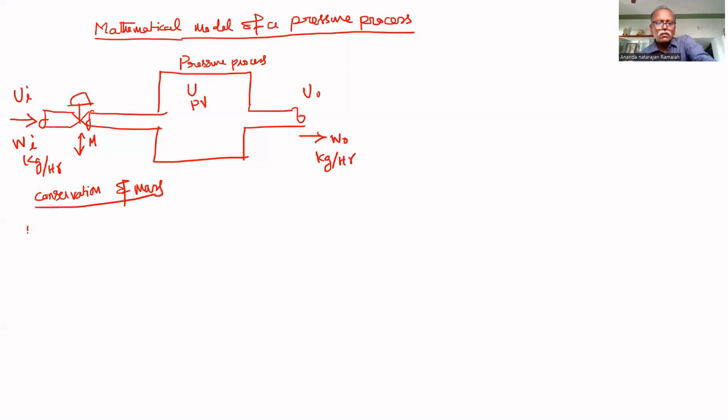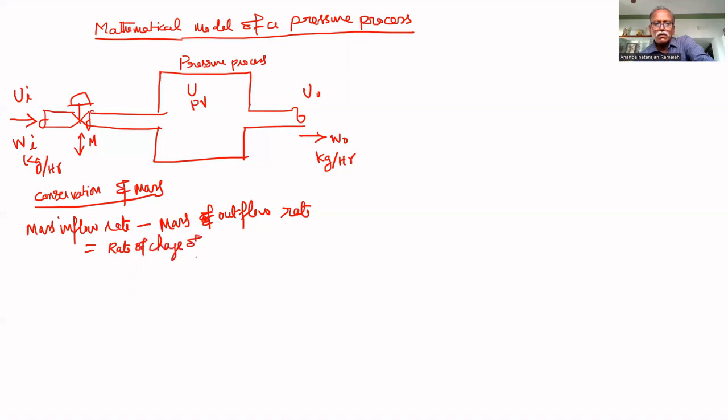That is, mass inflow rate minus mass outflow rate equal to rate of change of mass inside the process.